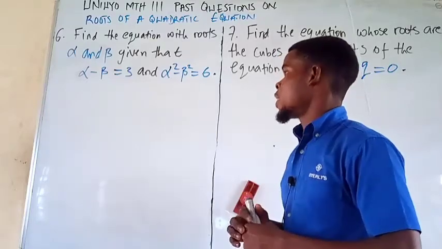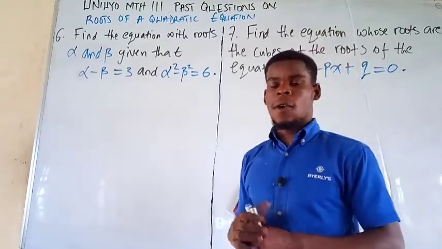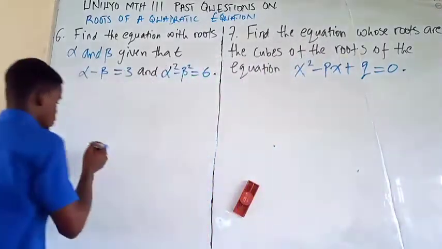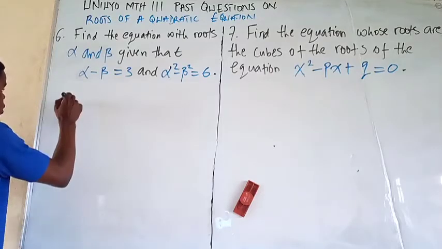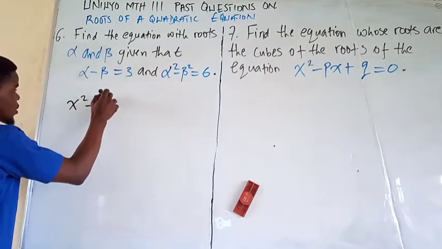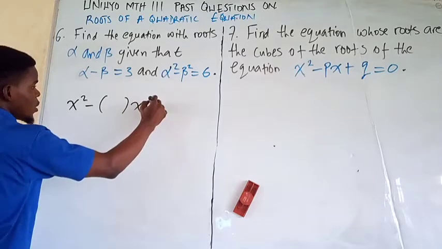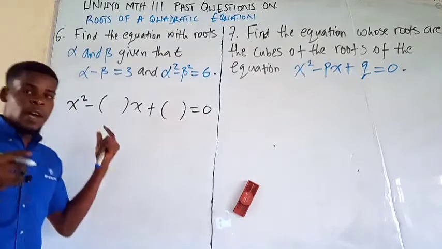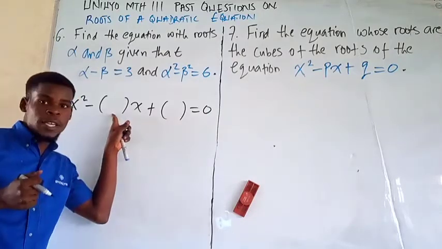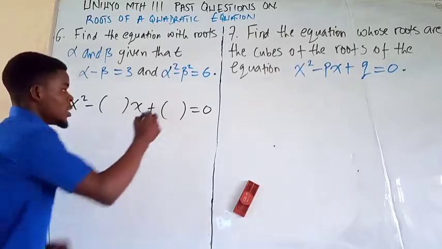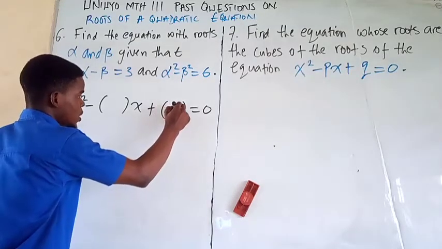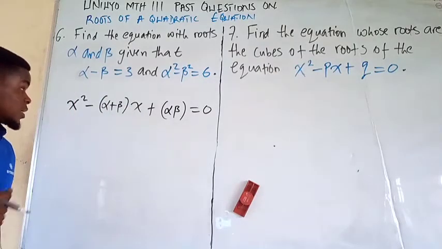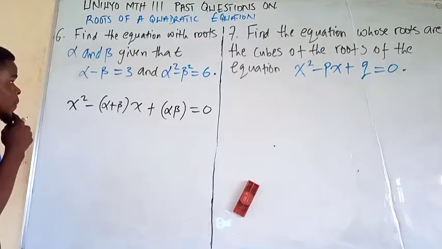From what we've learned already, let's say this is the equation, x squared minus something x plus something equal to 0. If alpha and beta are the roots, then the sum will be here and the product will be here. So we just put down alpha times beta, and then alpha plus beta like that, and that makes a lot of sense.